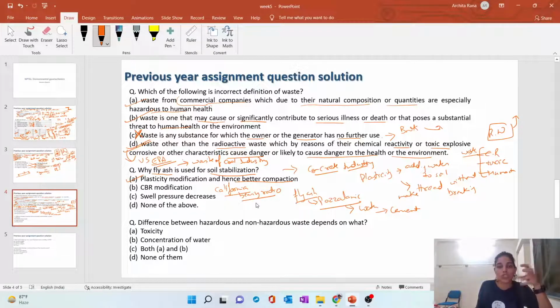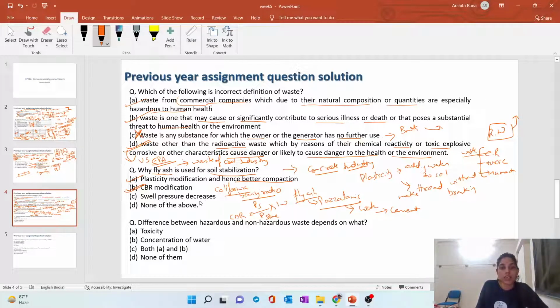So what you do is you apply pressure on a soil, and then you apply the same pressure to a crushed stone, and it determines the CBR ratio that substance has, and also determines the strength. So when you add the fly ash, the strength of the soil increases, and hence the CBR becomes better.